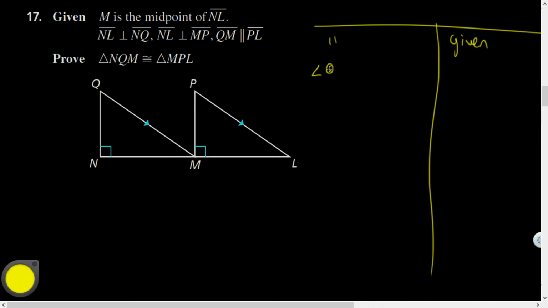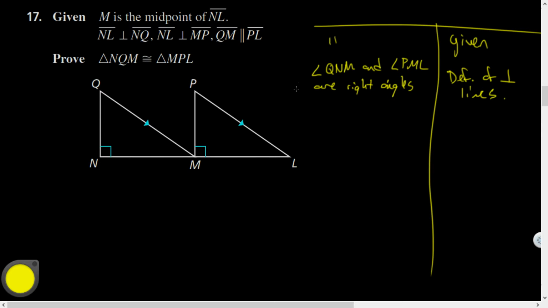QNM and angle PML are right angles. All right, right angles. And that is true by def of perpendicular lines. Right.